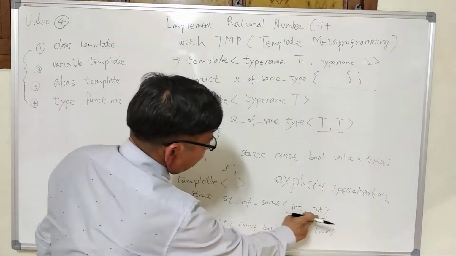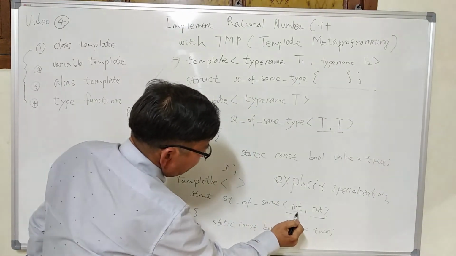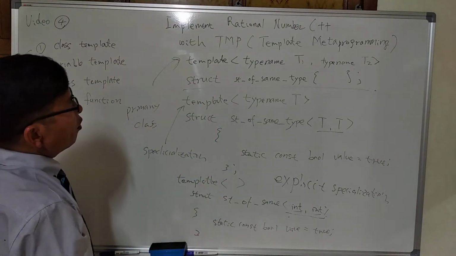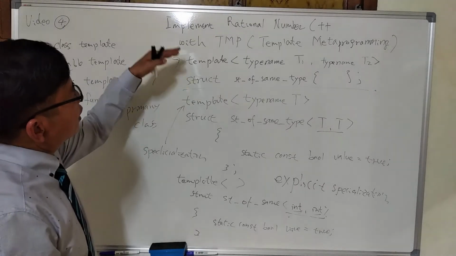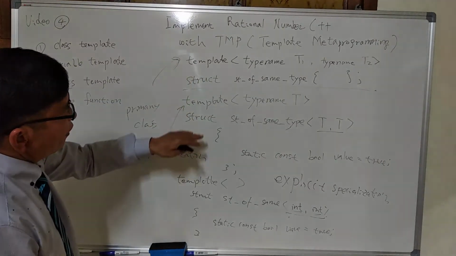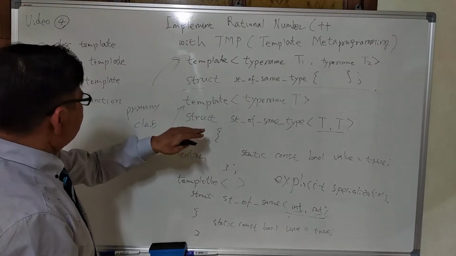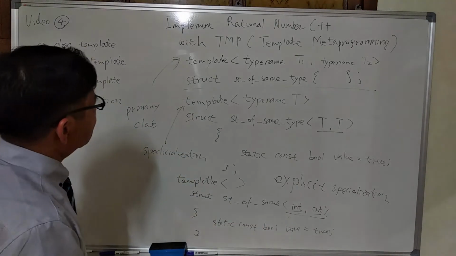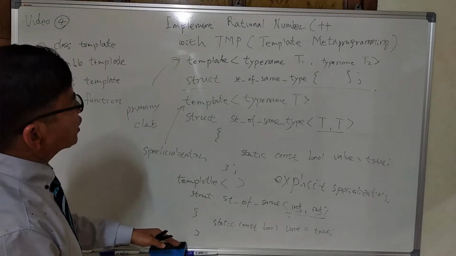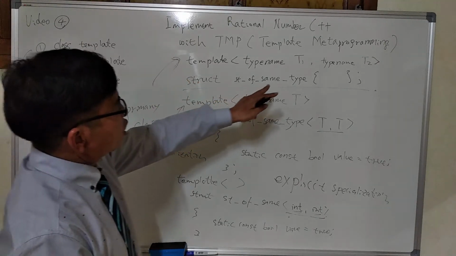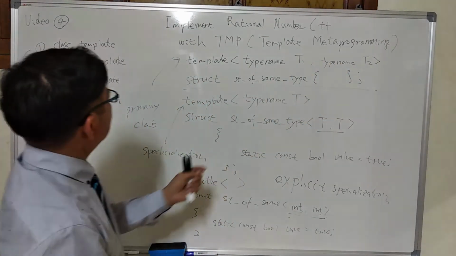Then we provide a template argument, type argument like this. So this is the concept of class template, primary class template, partial specialization. This is explicit specialization. We will use this concept to make sure type 1, type 2 are of same type.